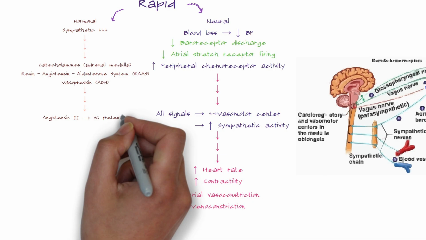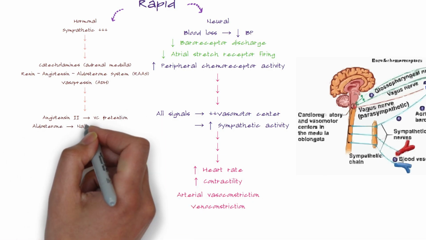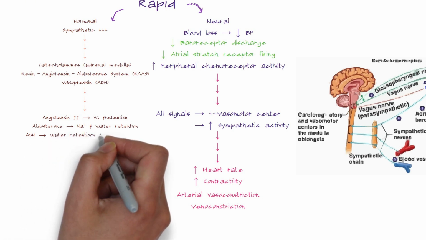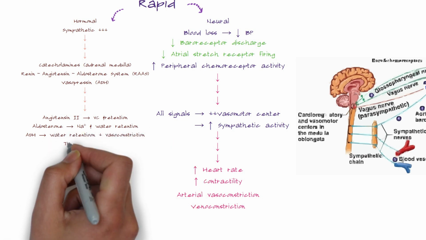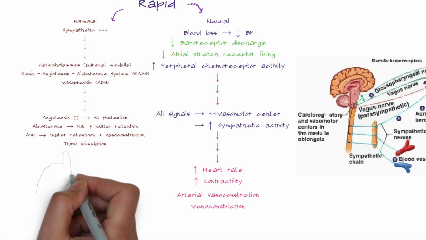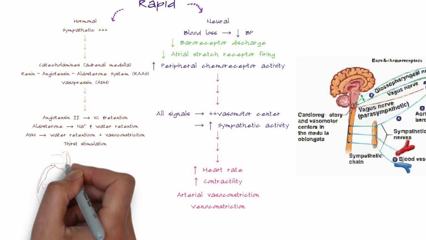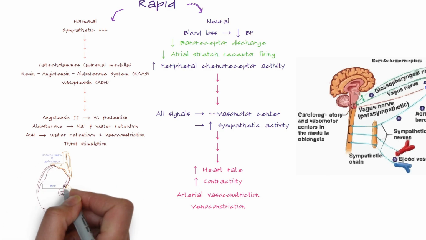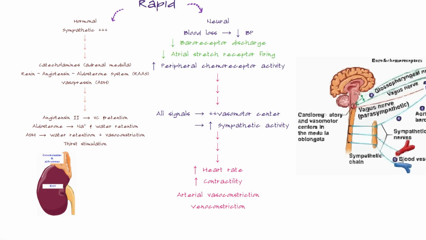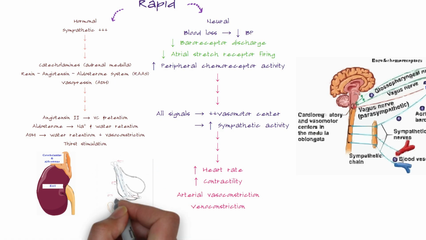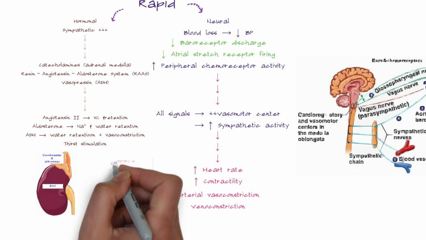What are these hormones? The catecholamines from the adrenal medulla, the renin-angiotensin from the kidney, and the vasopressin. And these produce vasoconstriction by angiotensin II, catecholamines, as well as vasopressin, salt and water retention by the renin-angiotensin and vasopressin mainly, and water reabsorption by the vasopressin, and stimulation of the thirst.